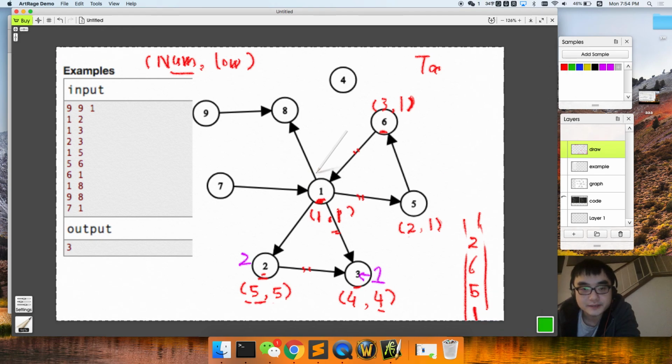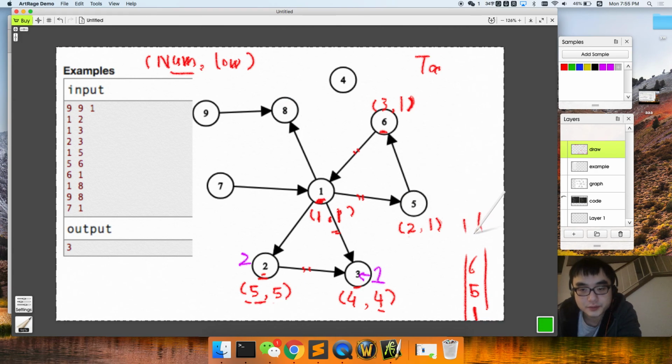And we move on. The last out degree of node 1 is here, right? And because we already found the SCC for this node, we remove it from the stack, right? And visit this node 8.